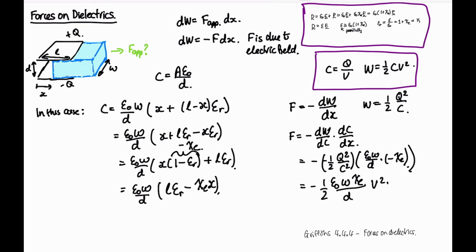So I'm replacing the Q squared on C squared with the V squared. And so we've now derived how much force we'd need to apply. This equation here gives us the force applied by the electric field, which is in the opposite direction to the force that we would need to apply to pull it out.